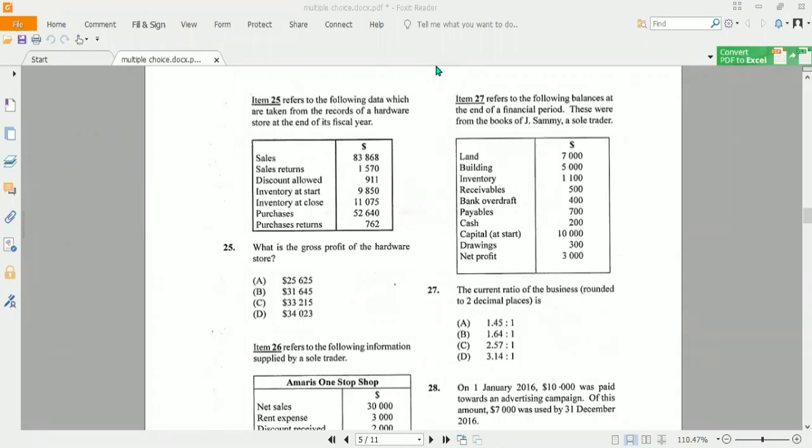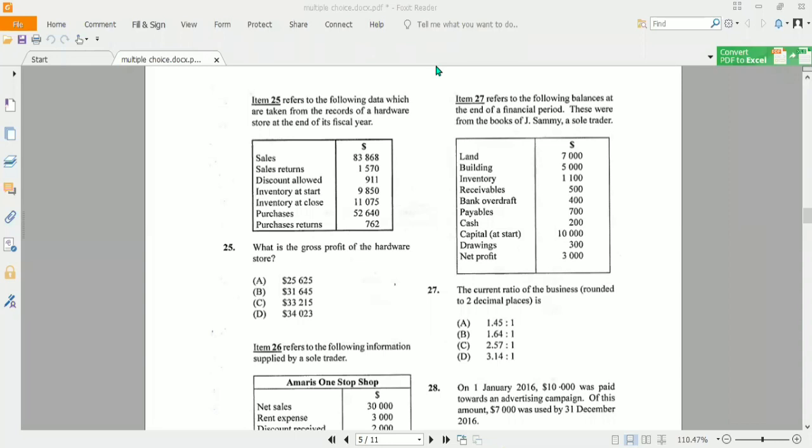I'm not seeing any hand raised. Says less cost of goods sold. Lovely. Seeing it there in the chat. And if there is return inward, we would have net sales. So therefore, we can say net sales less cost of goods sold. So we have sales. We have sales returns.